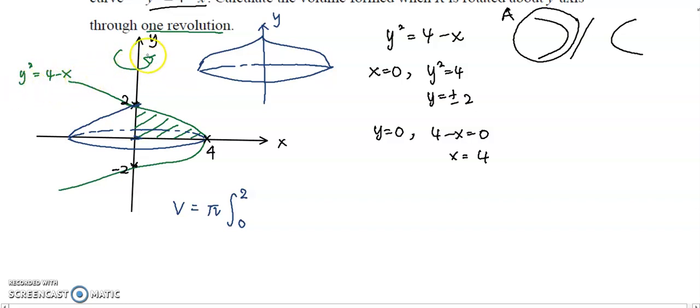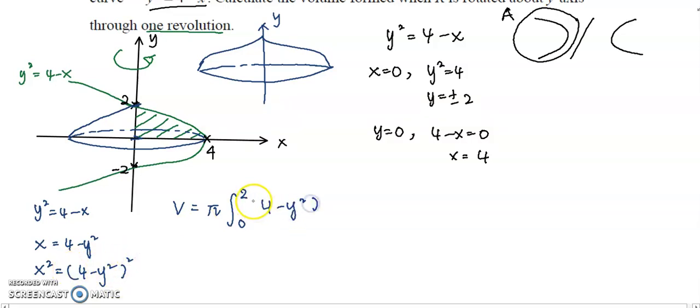Since this is rotated about the y-axis, you need to integrate x squared with respect to y. Since y squared equals 4 minus x, x will be equal to 4 minus y squared. To get x squared, we square the 4 minus y squared and put it into the integral: (4 minus y squared) squared.